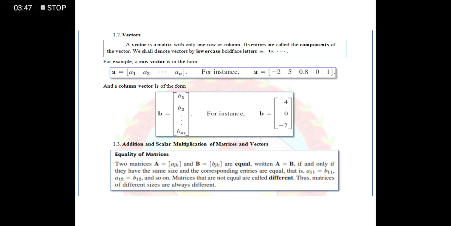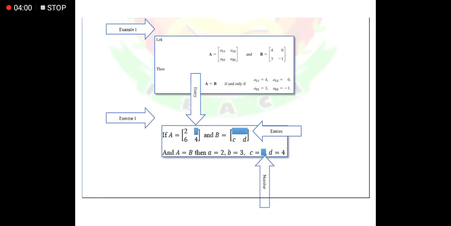So, we have here different classifications of how we can combine two matrices, no? Meron tayong addition and multiplication. Okay? So, ito, example number 1. Let A equal A11, A12, and A21. This example number 1 talks about the equality of two matrices.